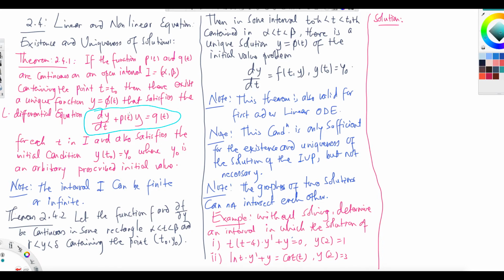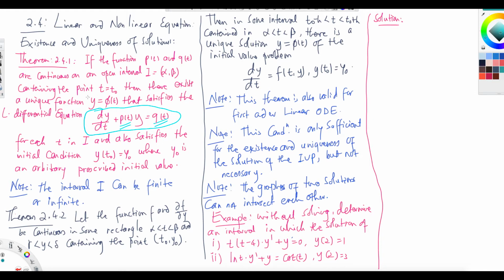So if the functions p(t) and q(t) are continuous in that interval, and this interval contains t equals t sub 0, this must contain it, because the function may be continuous in several pieces of interval, but the uniqueness and existence of the solution of this differential equation is guaranteed on the interval that contains t equals t0.